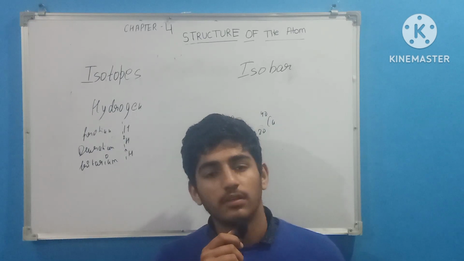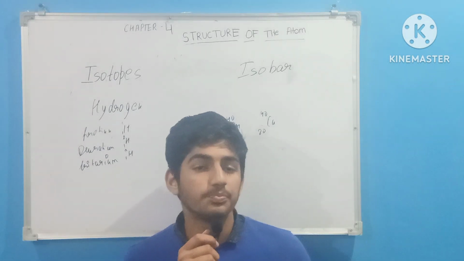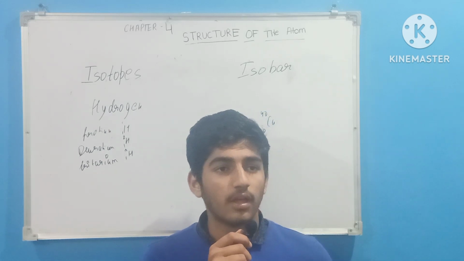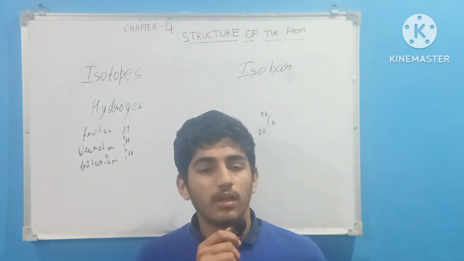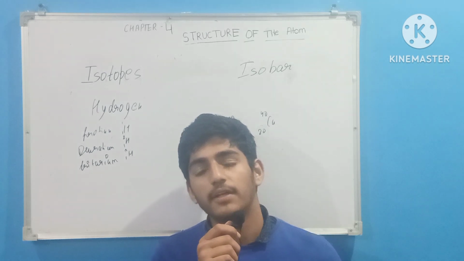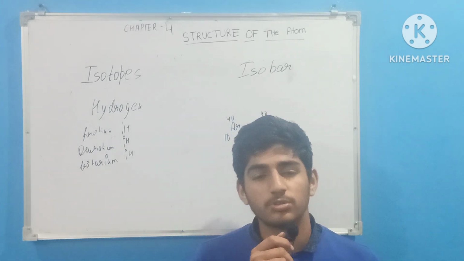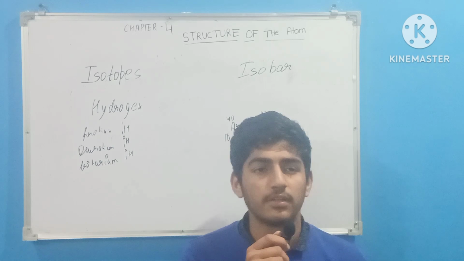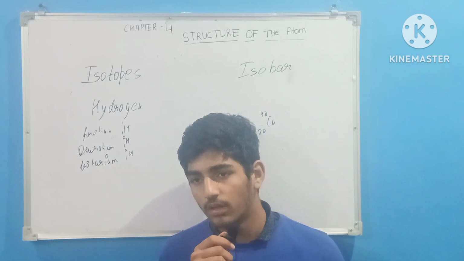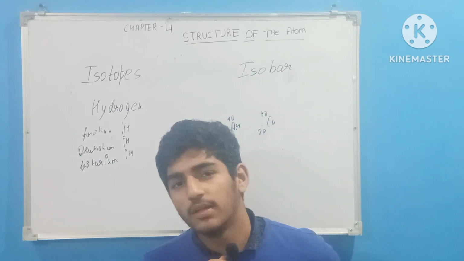And an isotope of iodine, I-131, is used in the treatment of goiter. And carbon-14 is used to determine the age of the earth. So this is all about the applications of isotopes.